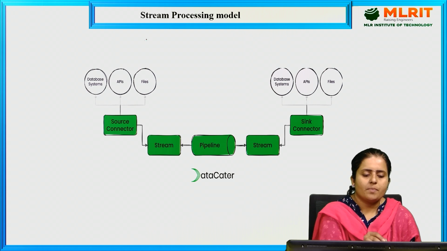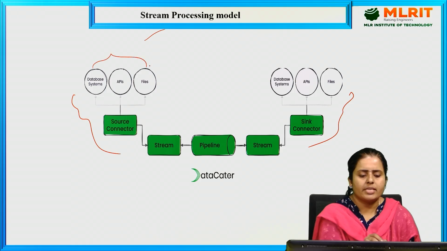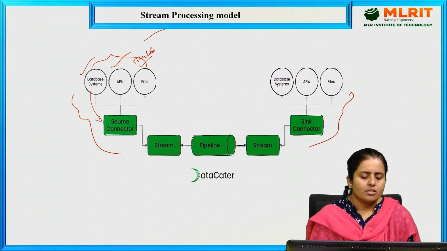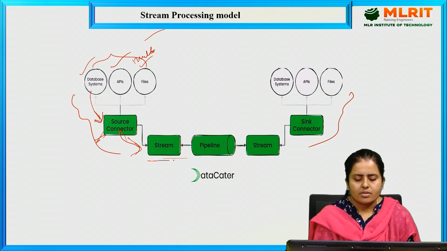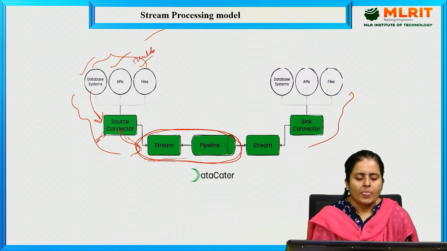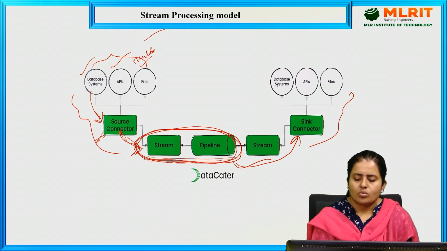So here we can see in this picture how the data sources and data sinks collect the data from multiple sources. Here we can call data systems, APIs and files multiple data sources, which come into the data connectors. After that, data is ingested directly into the stream pipeline. Here you can see in this diagram, these two are nothing but stream pipeline. After getting data from the data sources, the pipeline will execute on the data and get the proper insights by using some technologies, and next data is stored on a sink connector.